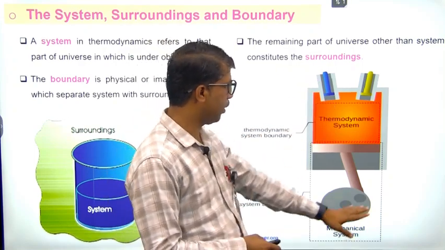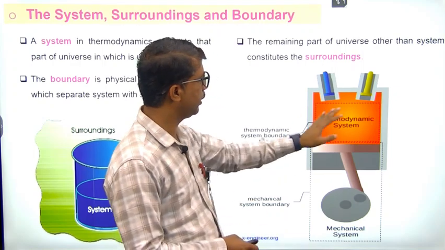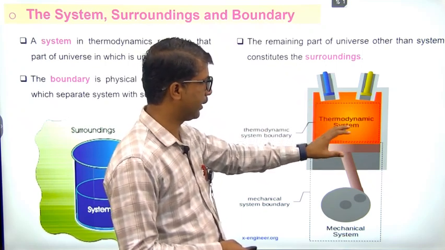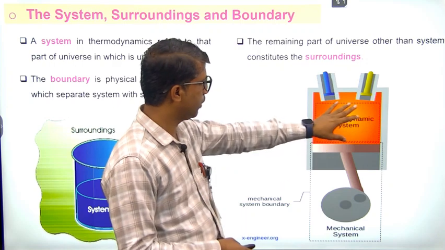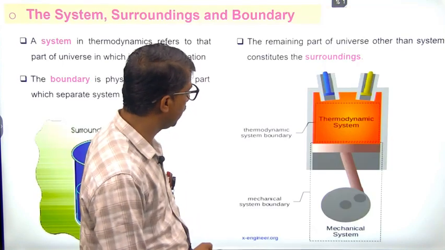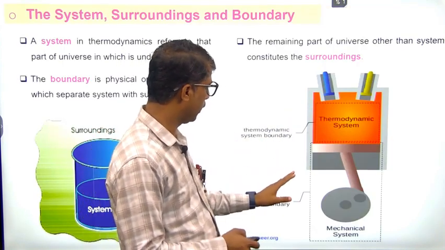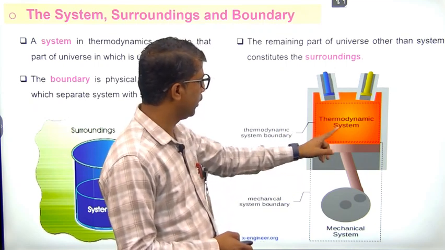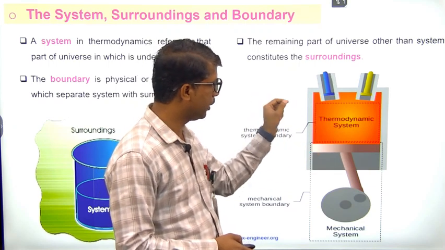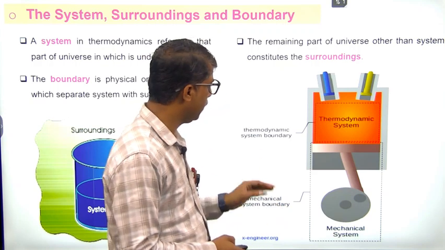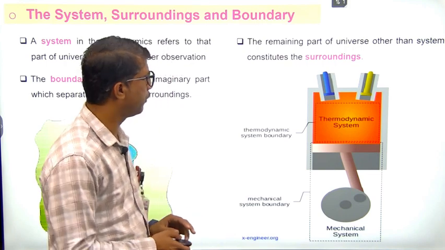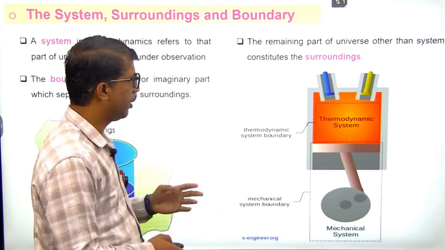The other body of the engine is known as the surrounding, and the surrounding contains the system, that means it contains the mixture of gas and petrol. So the gas and petrol is the system in this case, and the body is known as the surrounding, and the system and the body of the engine are separated by the imaginary dotted line called the boundary. This mechanical system is one of the best examples which gives the detail about the system, boundary and surrounding.